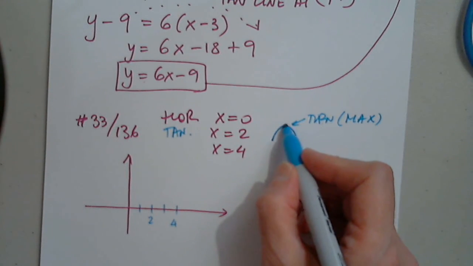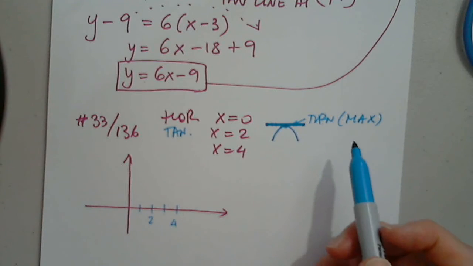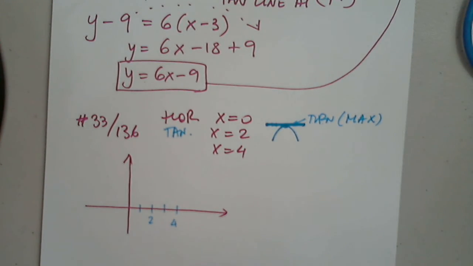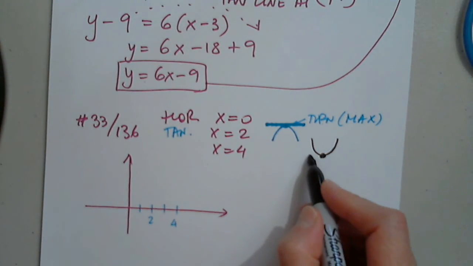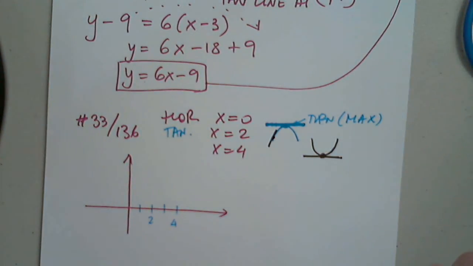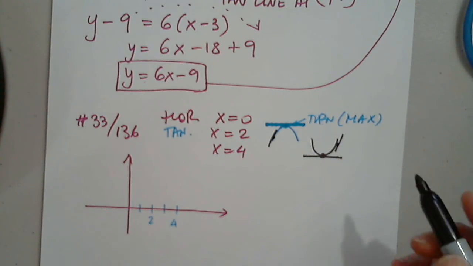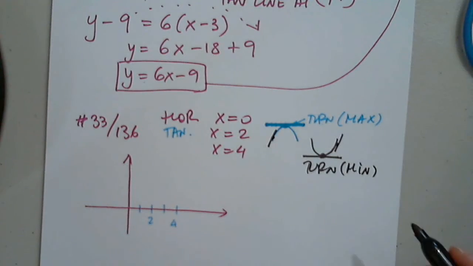At that point, the function will have a horizontal tangent where it has a turn, either a max or a min. Right here, horizontal tangent. At any other point, the tangent will not be horizontal. Only at a turn, which in this case happens to be a minimum.